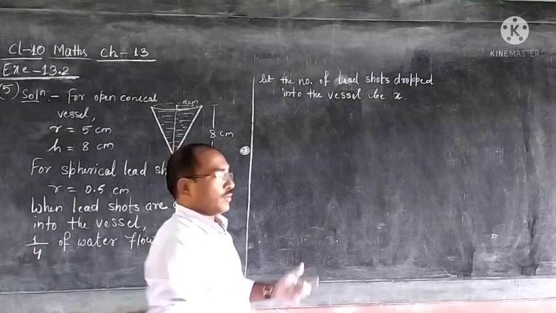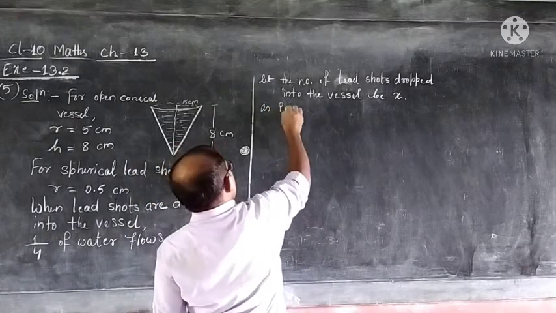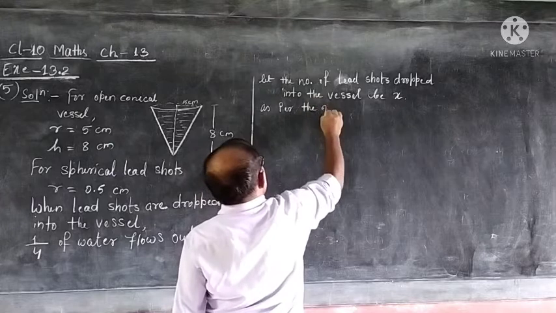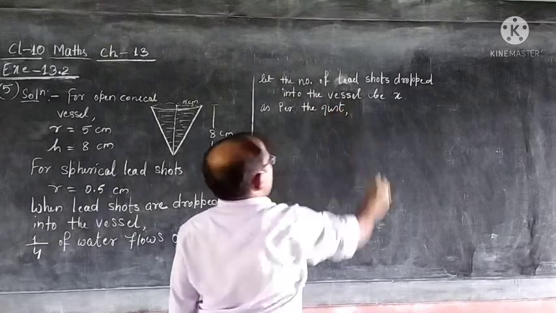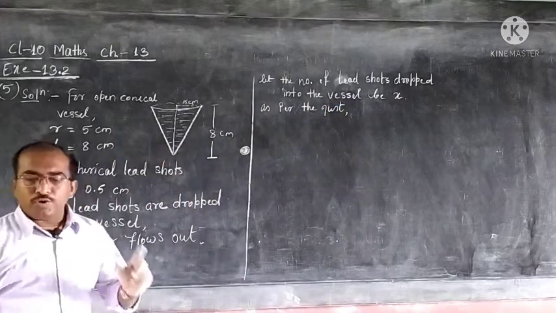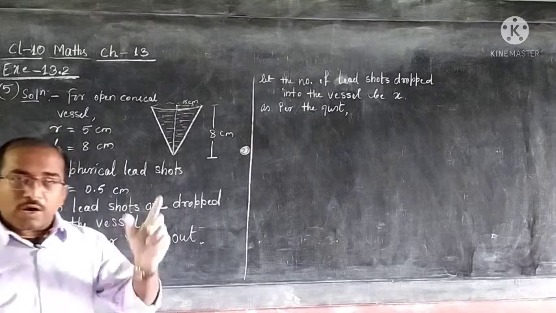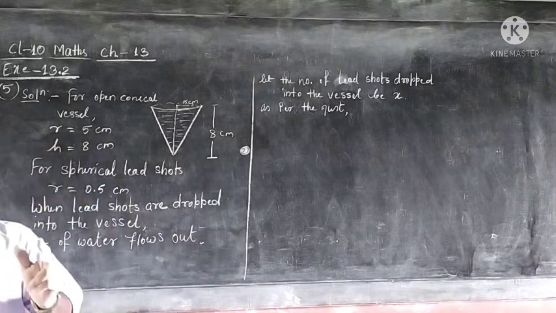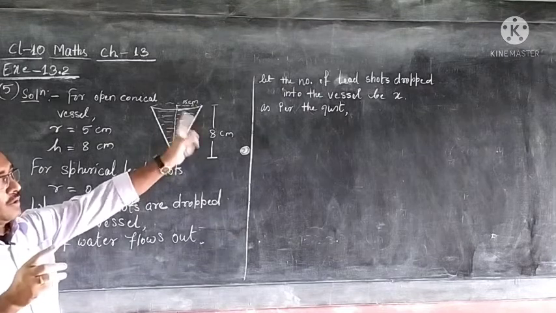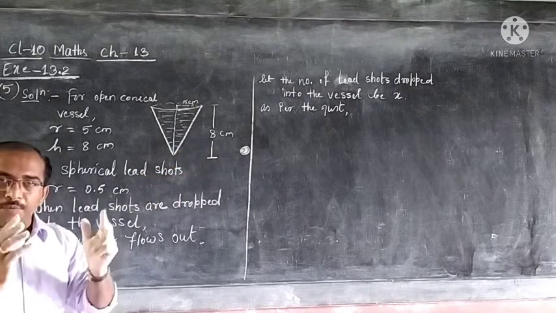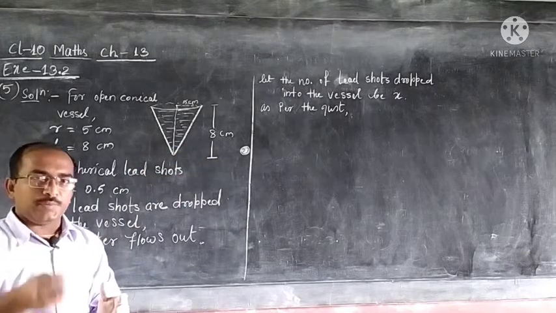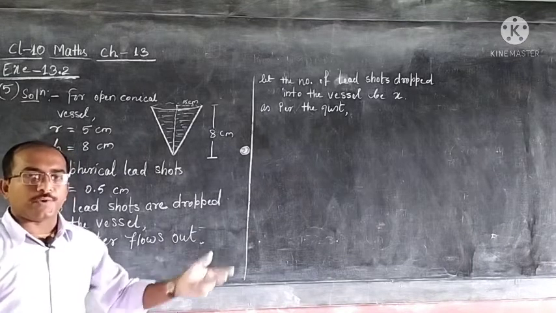As many, we don't know. So, as per the question, now we go. What is that? Volume of water, 1/4. So, volume of how many spheres? Volume of x spheres, it may be 10, 15, 30, 20, we do not know, we are going to find out that number.